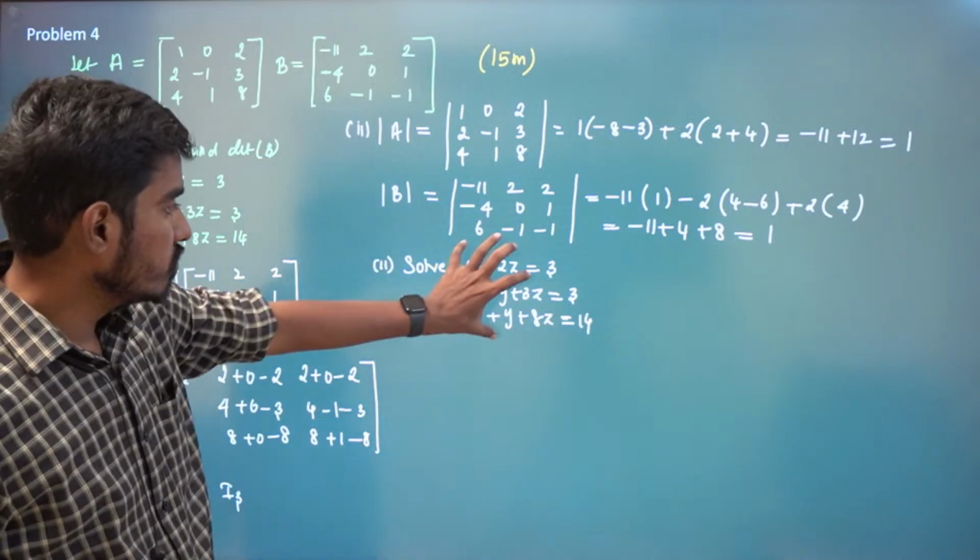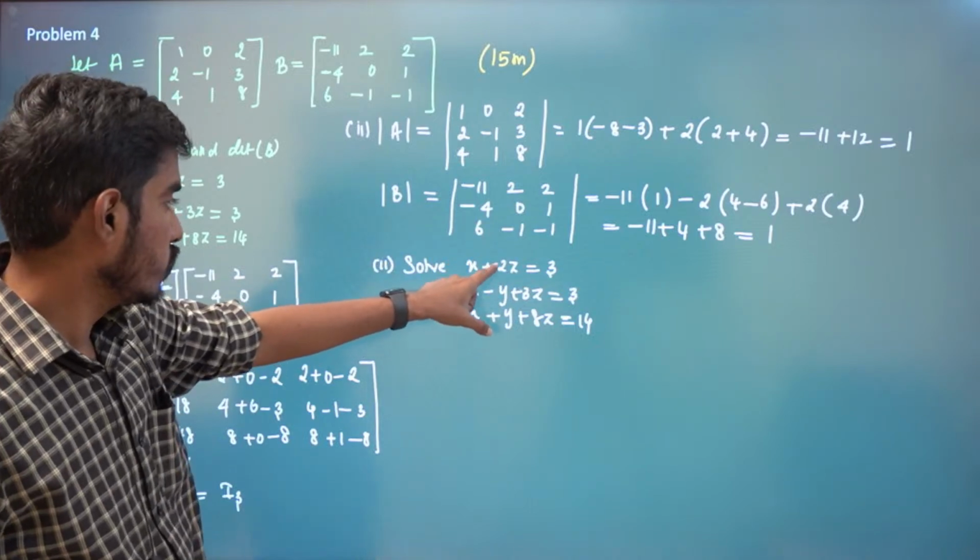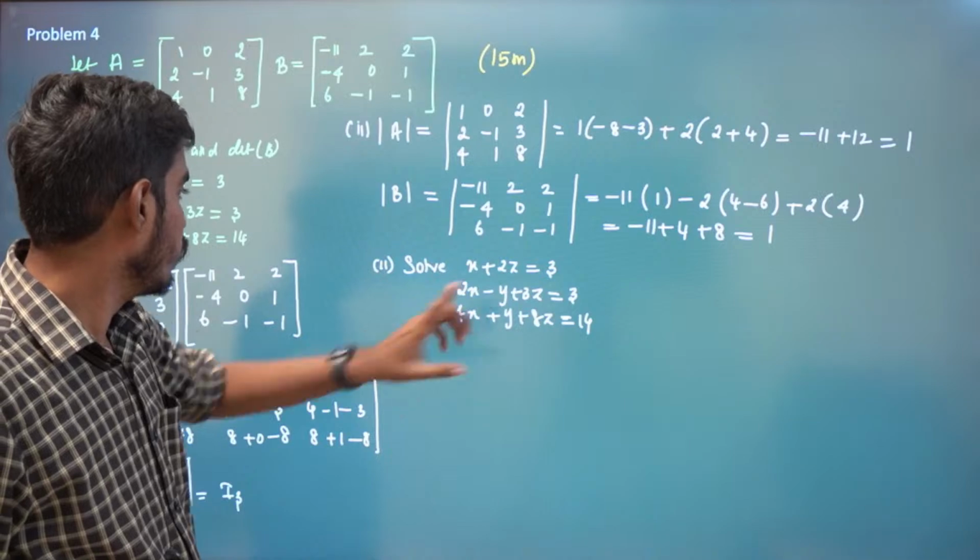You can see this coefficient matrix is nothing but your A matrix, with coefficient matrix 1, 0, 2; 2, minus 1, 3; 4, 1, 8.